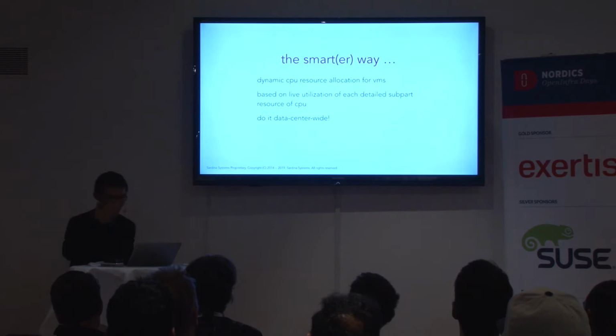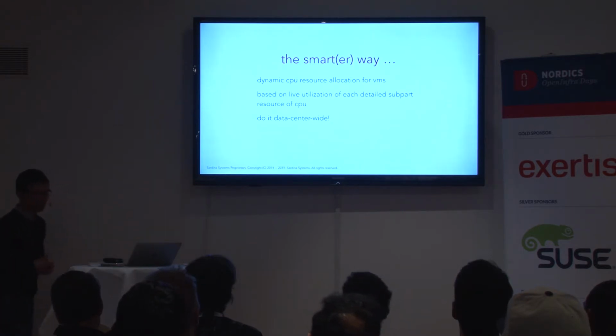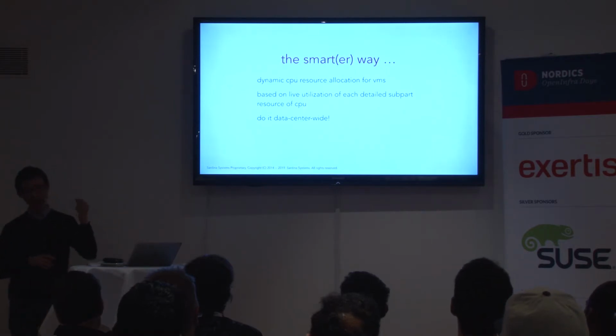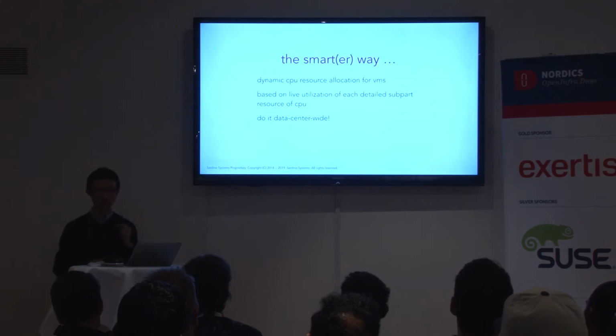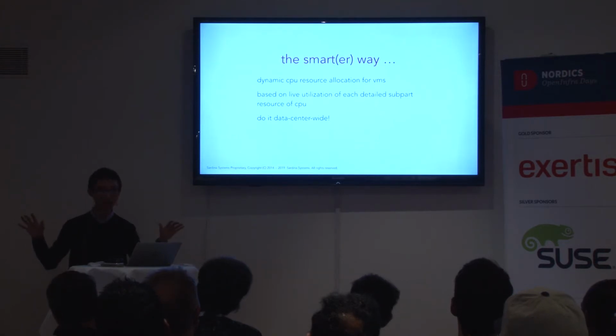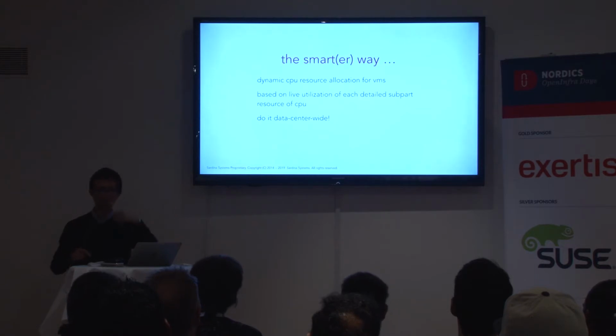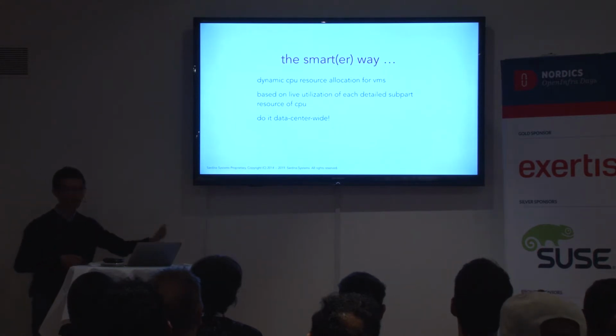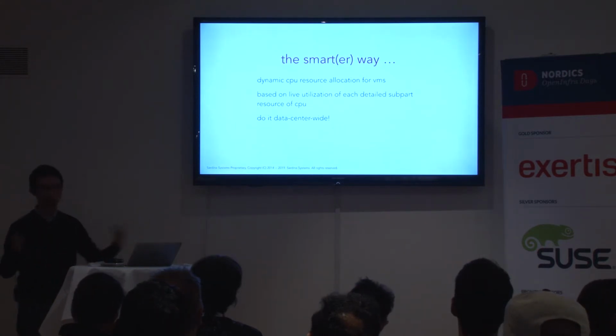So the smarter way is that we dynamically allocate, and we do this based on live utilization for every single subpart of the CPU. So there's no CPU at all in a model. Instead, you have subparts of CPU, whether it's the integer unit, the FP unit, and you have subparts of your memory hierarchy, your L1 cache, L2 cache, and so forth.